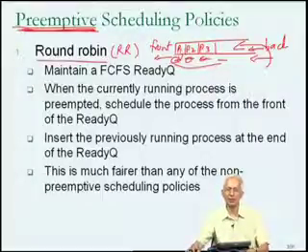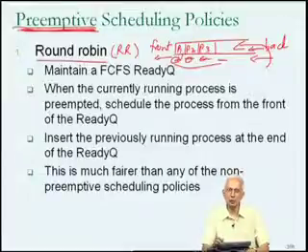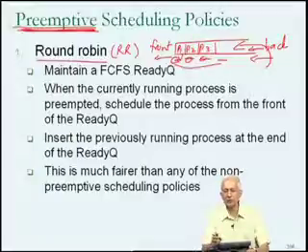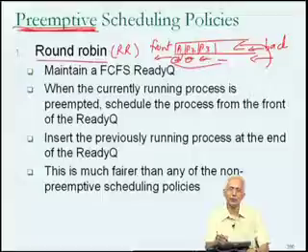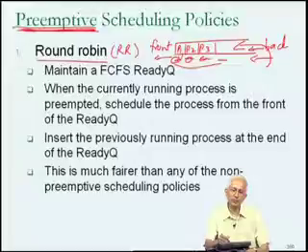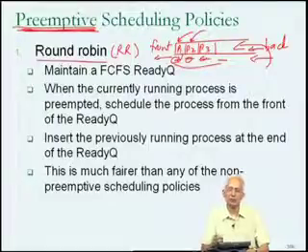So this is definitely much fairer than anything that we have seen up to now, and seems like a good basis for the management of processes on something like a Linux or a Unix system. You'll notice that this policy doesn't suffer from the problem we saw with the first come first served policy, because even if process P1 requires hours and hours of CPU time, even if process P1 contains an infinite loop, and even if process P2 requires huge amounts of CPU time and process P3 requires a very small CPU time, the most amount of time that process P3 will have to wait before it gets scheduled would be 2 CPU time slices.